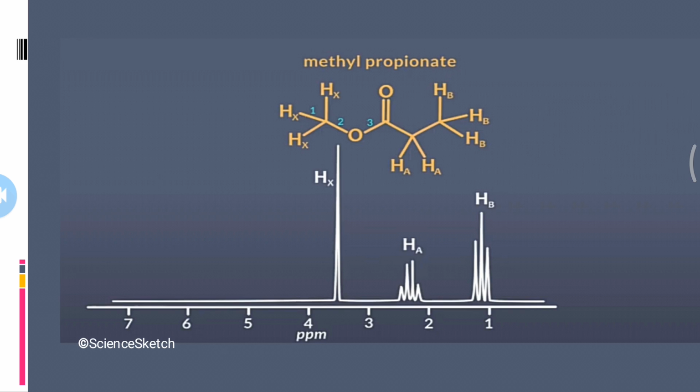It gives a single peak near 3.5. Why? Because oxygen is an electron withdrawing group, so the protons become deshielded, giving a chemical shift of 3.5. This is the splitting pattern of methyl propanoate.